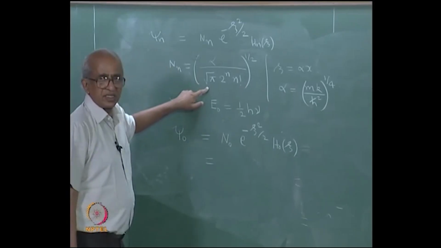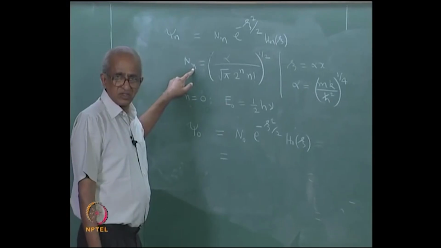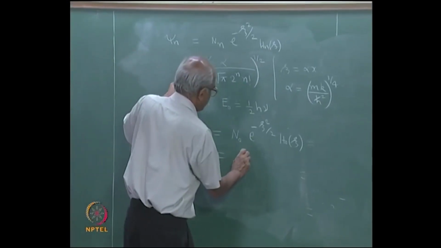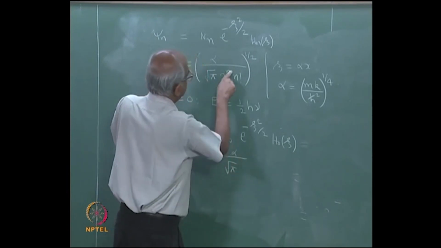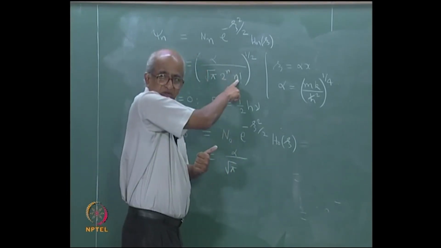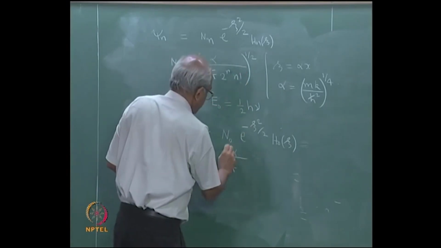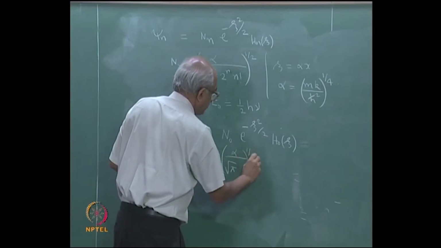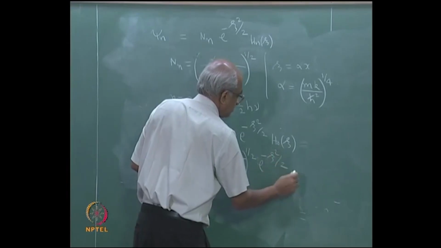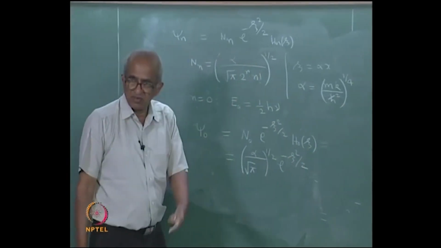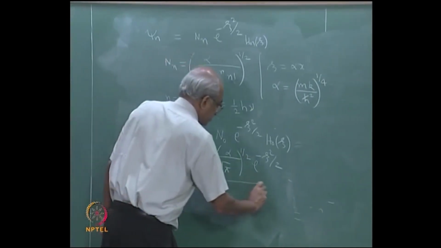Well, this is the expression that I have derived. You just have to put small n equal to 0. You will get alpha divided by root pi, 2 to the power of 0 is unity, 0 factorial also by definition is unity. So, therefore, you get this to the power of half e to the power of minus c square by 2, and H0 we did evaluate in the morning, it is equal to 1. So, therefore, the wave function is this.